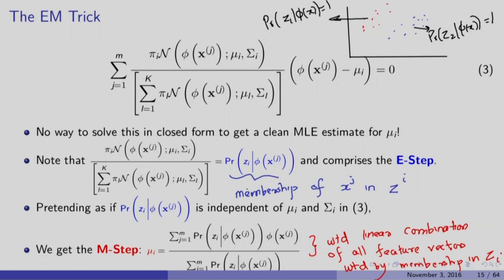Here we have continuous memberships, every point can belong to every cluster because we do not know the colors blue and red. What were our M steps like? Our mu I was the average of feature vectors for points belonging to that class Ci.